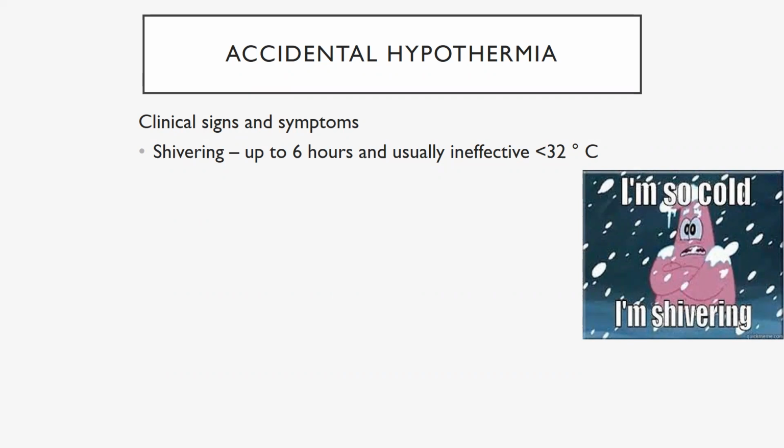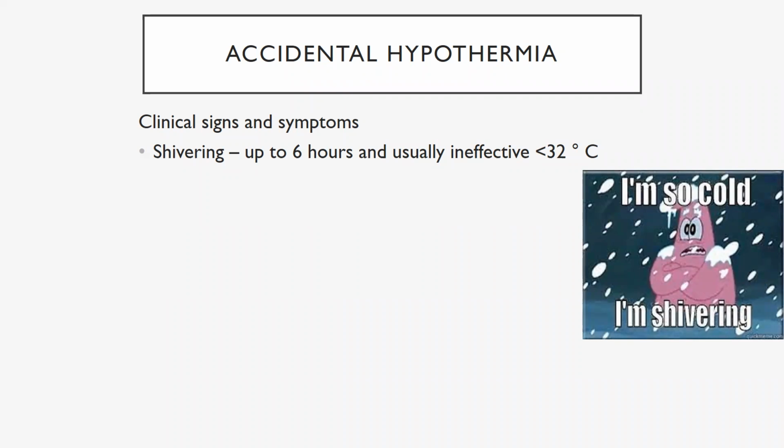So if the body temperature is 31 or lower, you usually won't find these patients shivering, because their capability of generating heat doesn't keep up with the heat loss. The shivering is not effective.